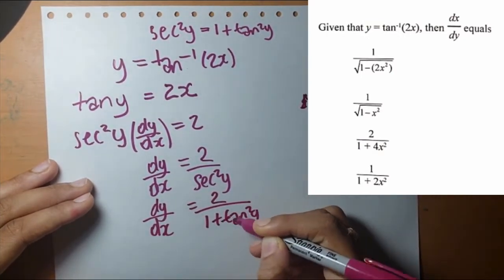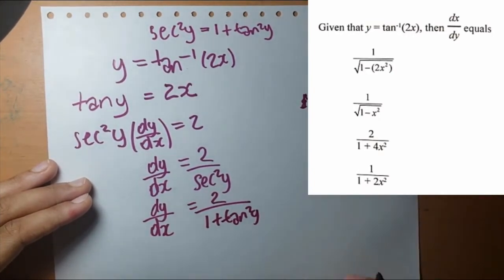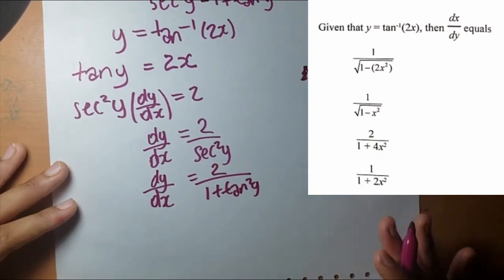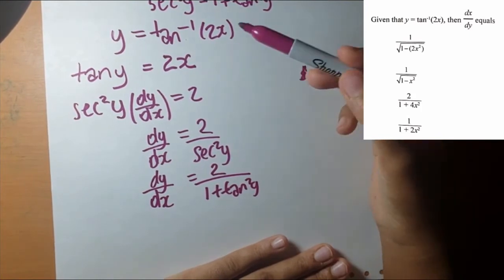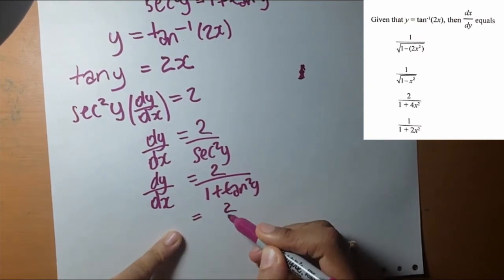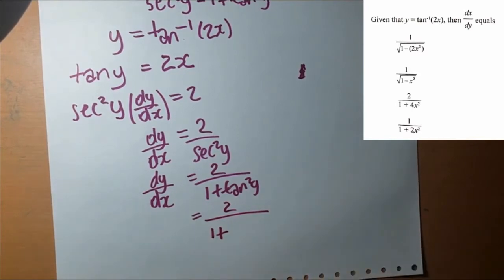I apologize for my writing, but that's the reason I talk so much, so that you can understand what I'm saying. But if we remember what we initially had, tan y is equal to 2x, right? So we need to take this tan y is equal to 2x and put it down the bottom. So that would be 2 over 1 plus, but we're not working with tan y, we're working with tan squared y.